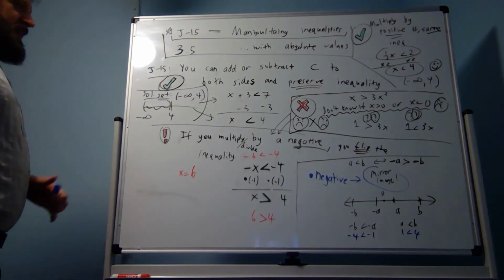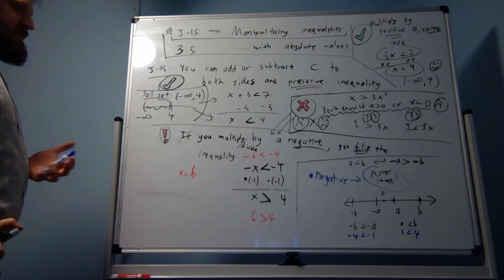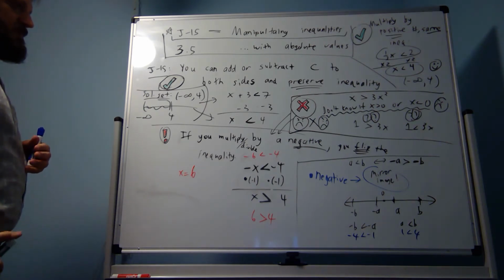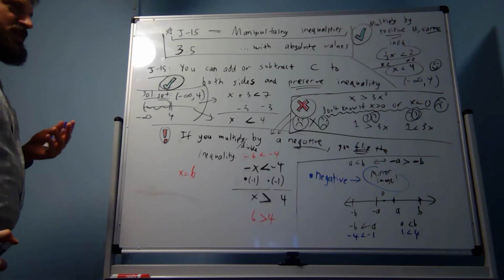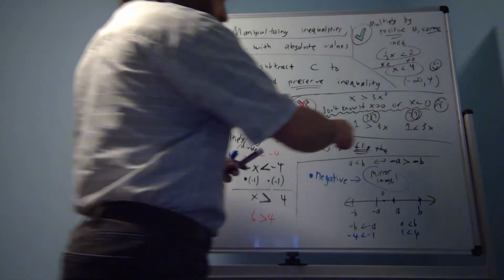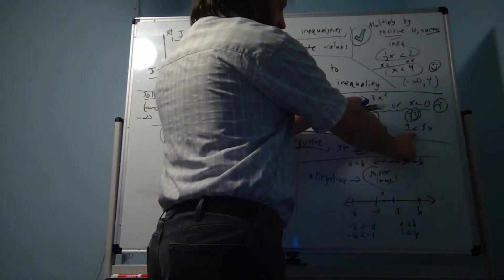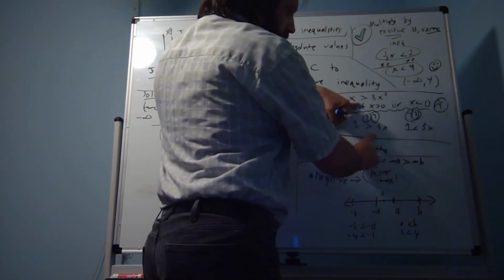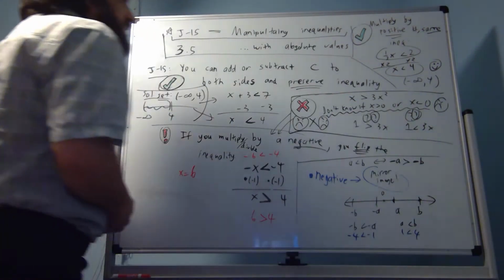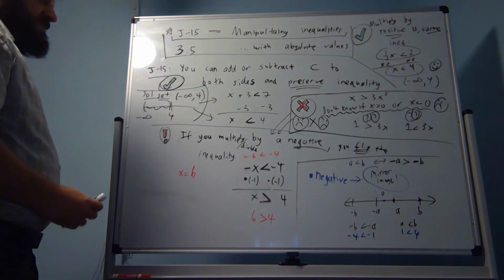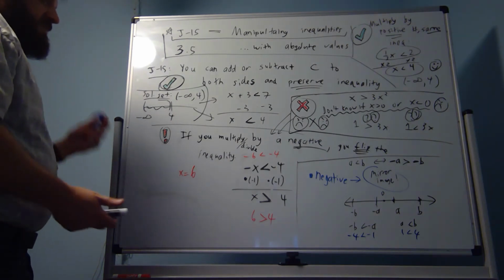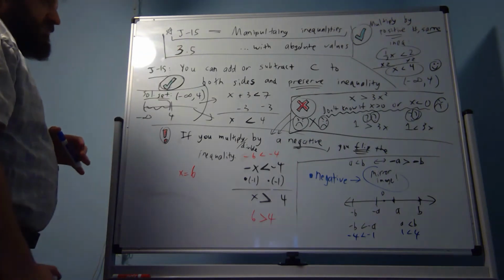Multiplying both sides by some quantity that you don't know whether it's positive or negative, so you don't know whether to flip the inequality because you're multiplying or dividing by a negative, or do you keep the inequality the same because it's positive? Well, that's just a whole basket of worms. You're just adding more and more possibilities.